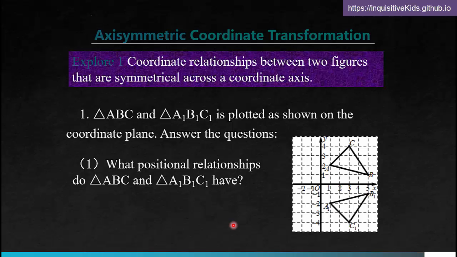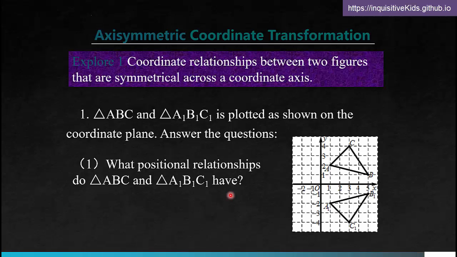Axisymmetric coordinate transformations. Explore the coordinate relationships between two figures that are symmetrical across a coordinate axis. Triangle ABC and triangle A1B1C1 are plotted as shown on the coordinate plane. Answer the following questions. What positional relationships do triangle ABC and triangle A1B1C1 have?